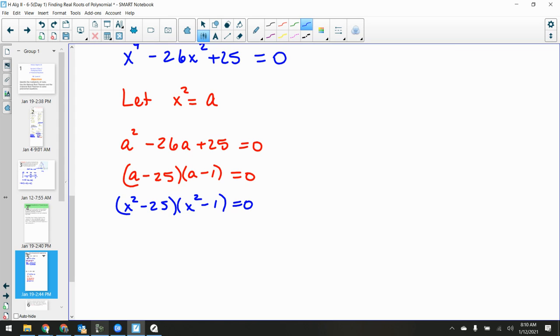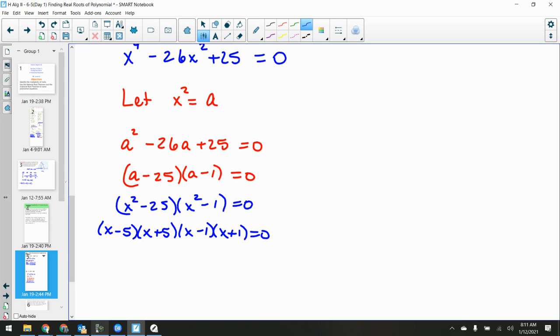Basically what happens is that it factors like normal, but instead of just having an x, we've got an x squared within those binomials. All right, so that means we've got an x minus 5, x plus 5, because that's a difference of squares, and an x minus 1, x plus 1, because that's also a difference of squares. And now that's fully factored down.